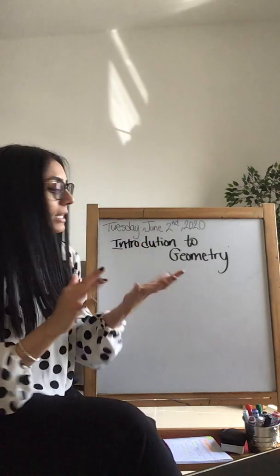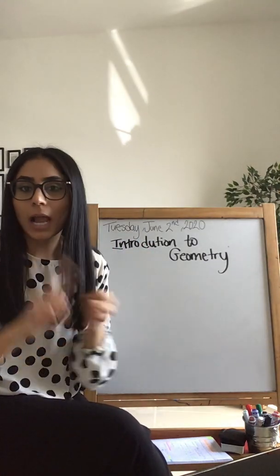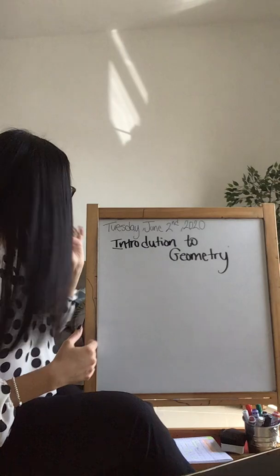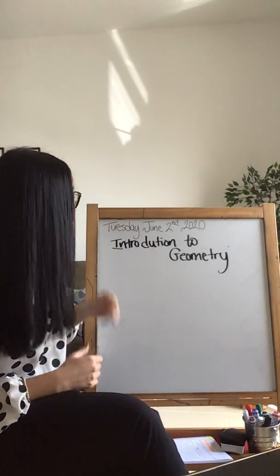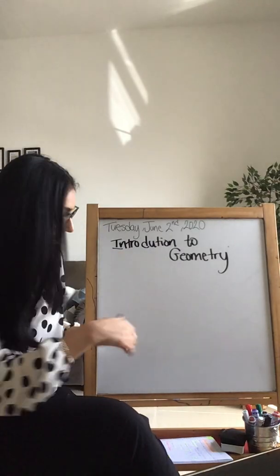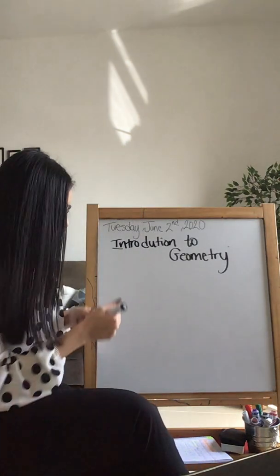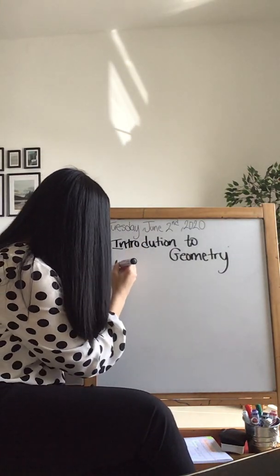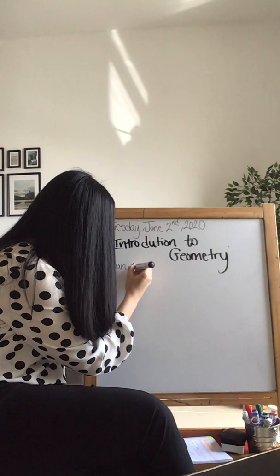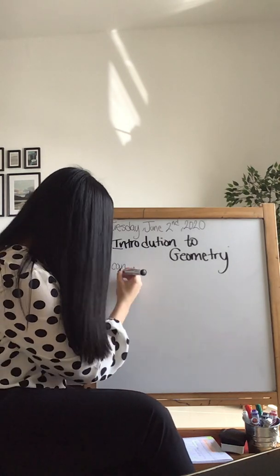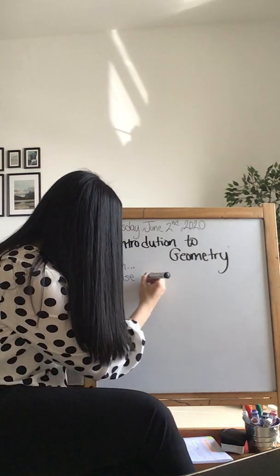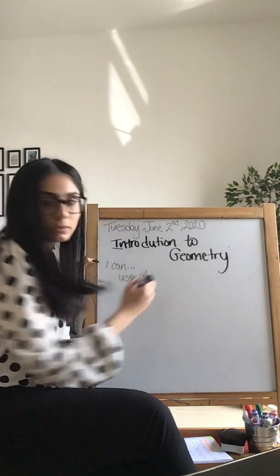So all you're going to need for today's lesson is your math notebook, pencil, highlighter. We'll grab that, and as always, write down the date, the title, which is Introduction to Geometry, and then our I can statement is: I can use attributes to describe shapes.